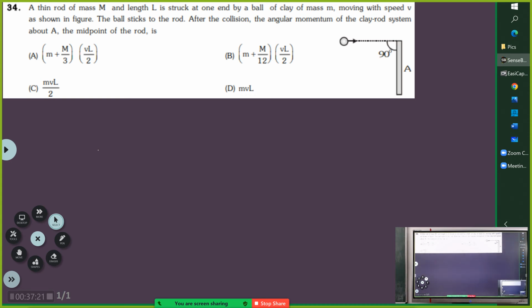How we used to do with linear momentum, like that only you should do it. There also the momentum throughout remains the same unless an external force acts.